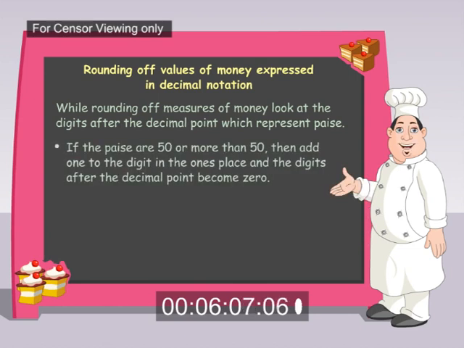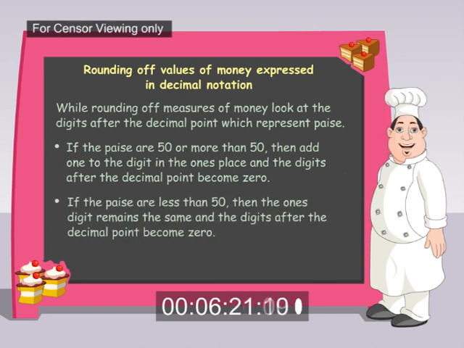If the paise are 50 or more than 50, then add 1 to the digit in the ones place and the digit after the decimal point becomes 0. If the paise are less than 50, then the ones digit remains the same and the digits after the decimal point become 0.